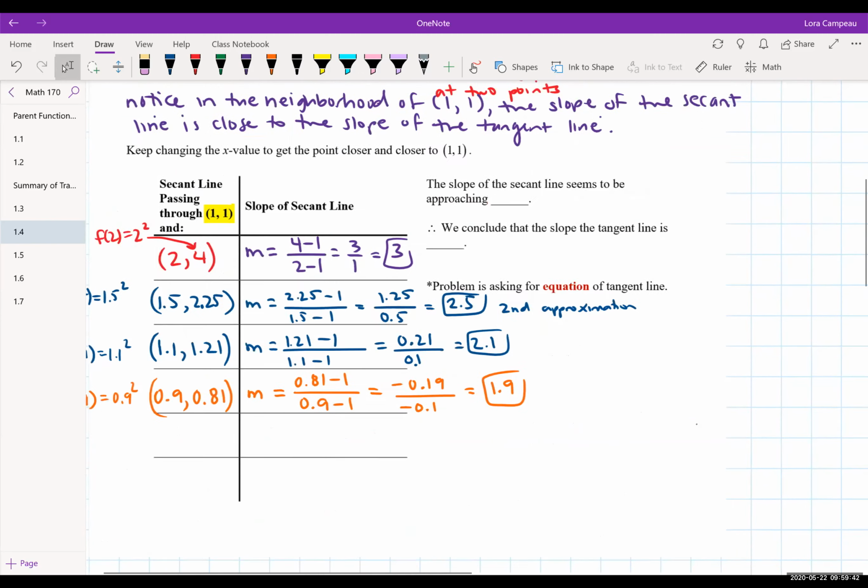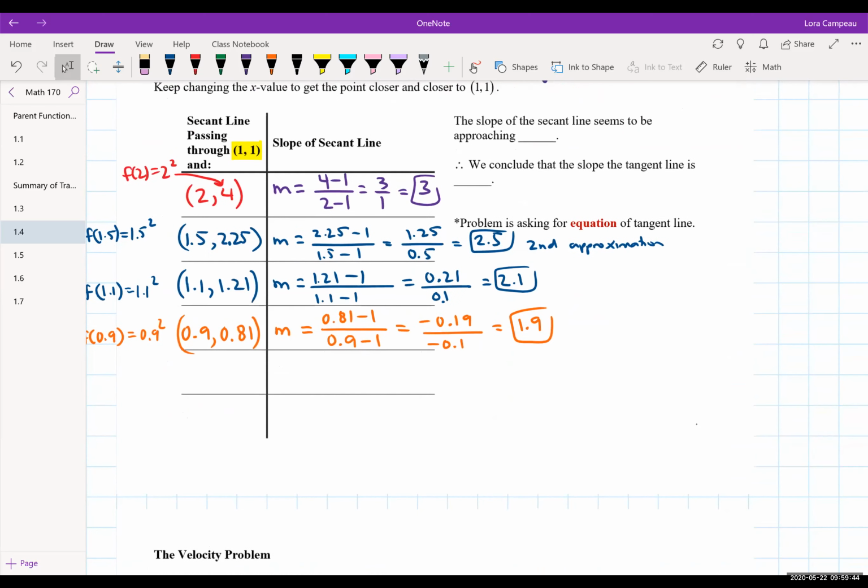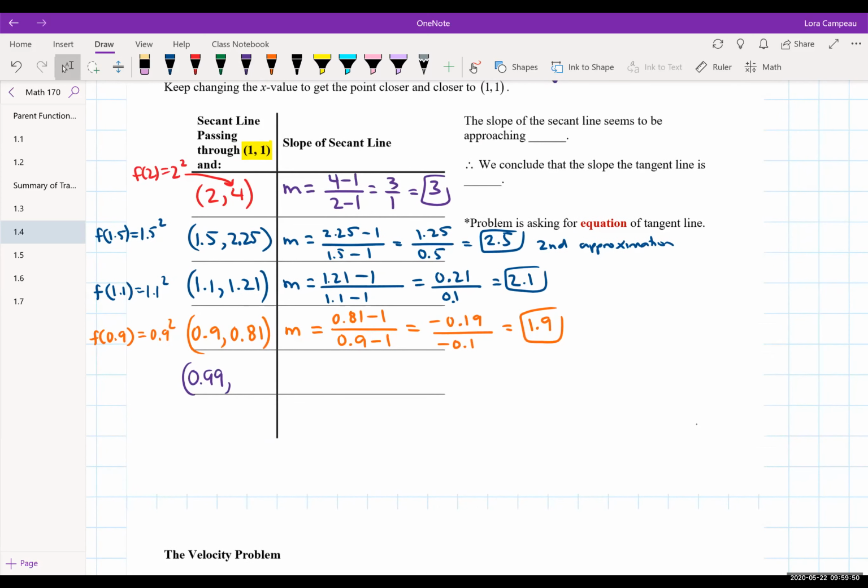So maybe I do want to do that. Let's see. 0.99. We are really close to the value of x equals 1. And if I were to find the corresponding y value, actually I want to leave myself a little more room on the left side. 0.99. If I square 0.99, I should get 0.9801.